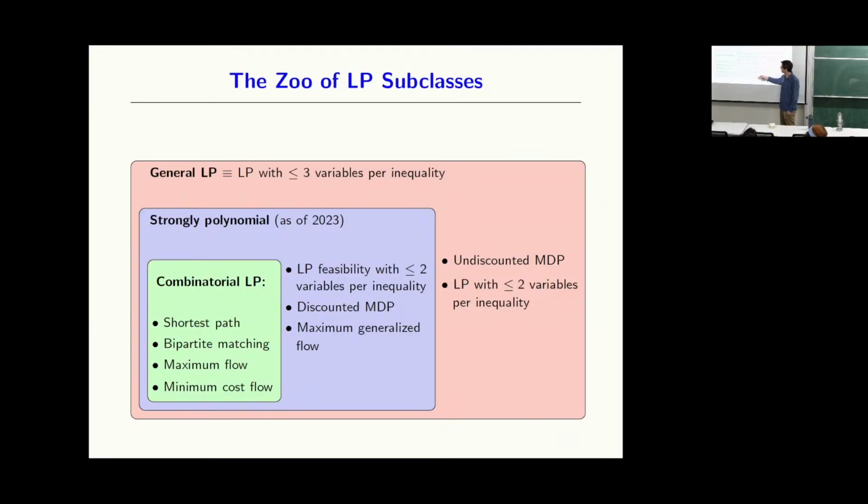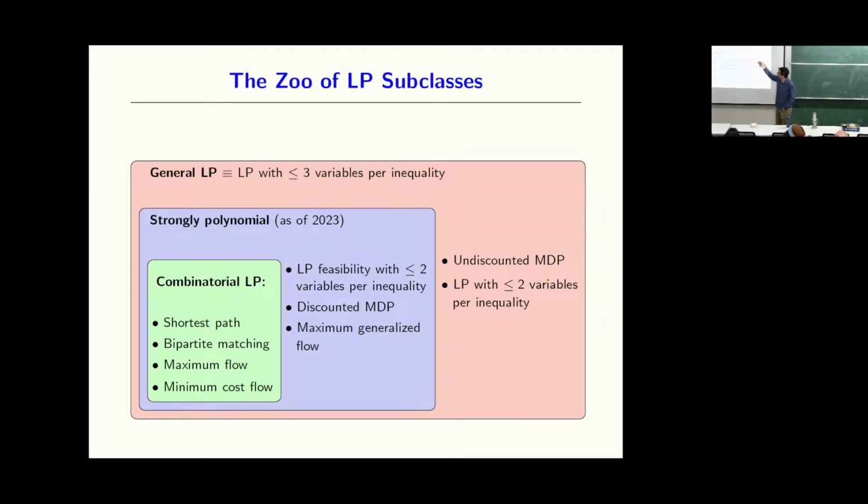And there are other versions. One is related to the feasibility of dual programs here, which is a generalization of maximum flow. And this was shown to be strongly polynomially solvable much later, in 2013 by Lattside.